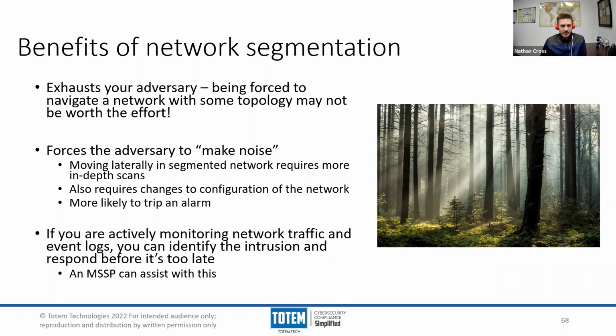We utilize an MSSP here at Totem because we know that we need it, and it has saved us on multiple occasions. So I recommend that you consider layering those two safeguards together.